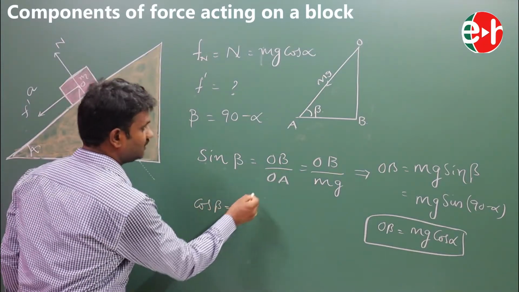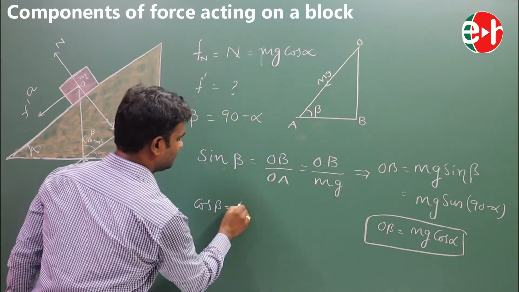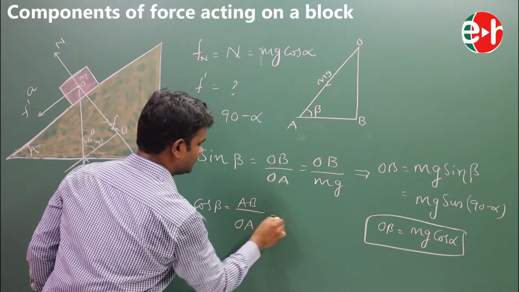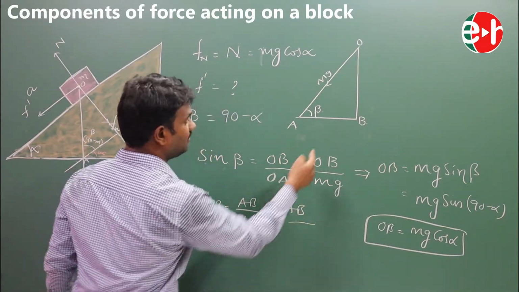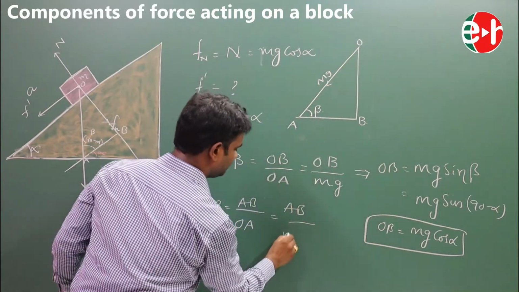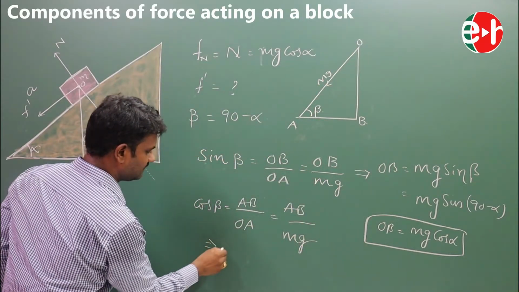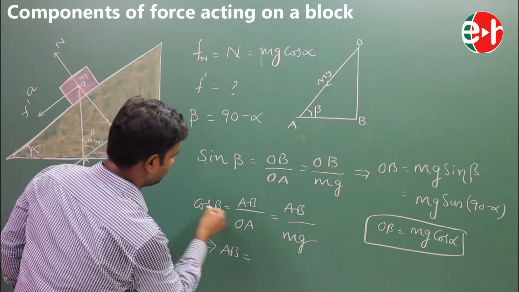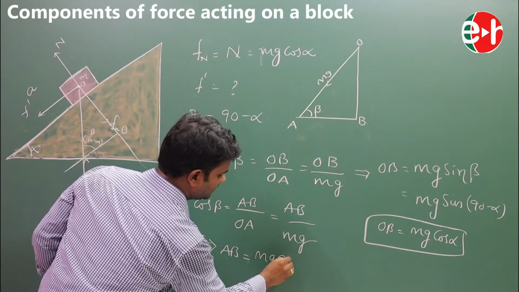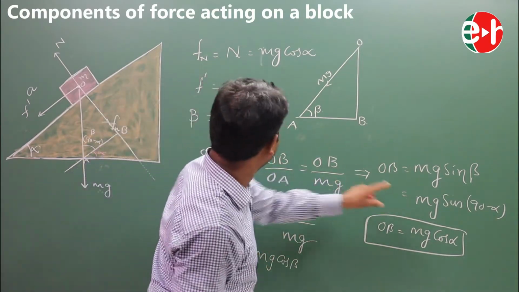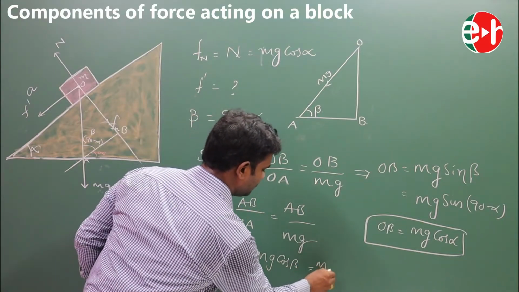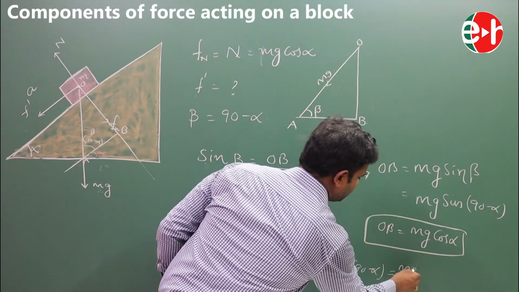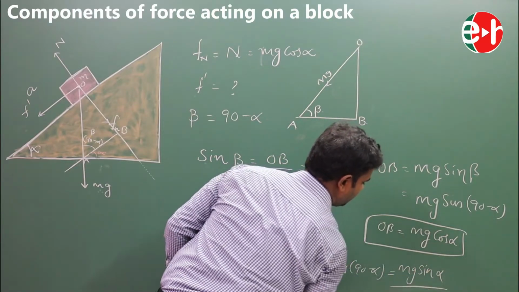Cos beta is equal to adjacent side by hypotenuse, means AB by OA, that is AB by mg. That implies AB is equal to mg cos beta, where beta is equal to 90 minus alpha. So it is equal to mg cos of 90 minus alpha, which is equal to mg sin alpha.